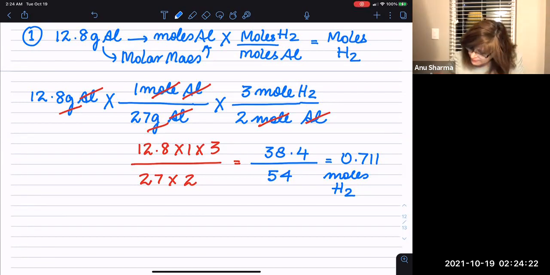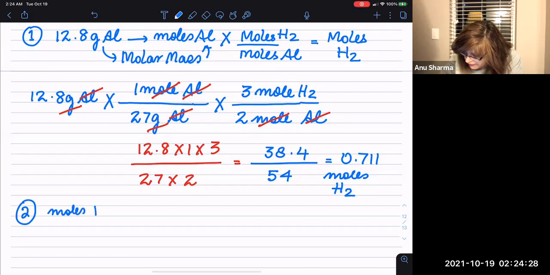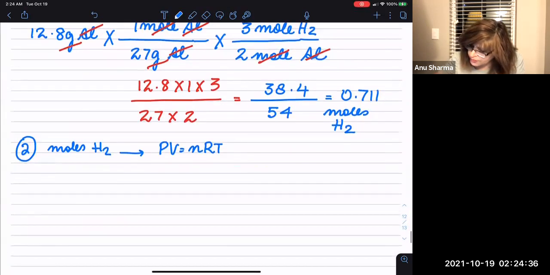Now, the next step is you take these moles of hydrogen and you put them in the formula. PV is equal to nRT, and we actually already did that, sorry about that.